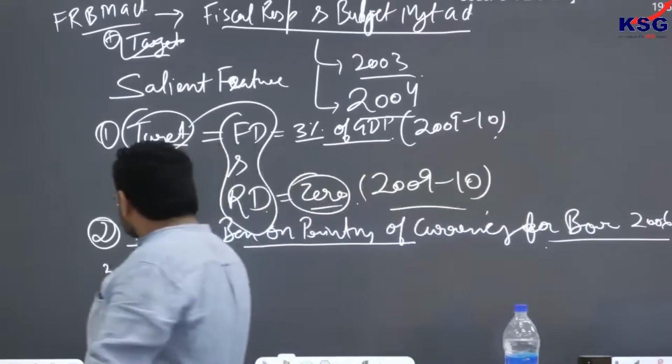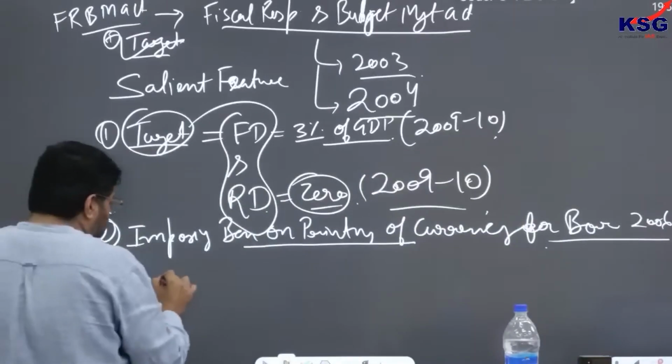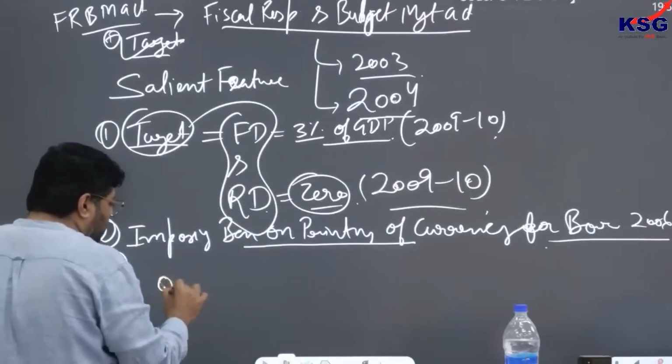Number 3, it imposes a limit on the government with respect to other central liabilities.